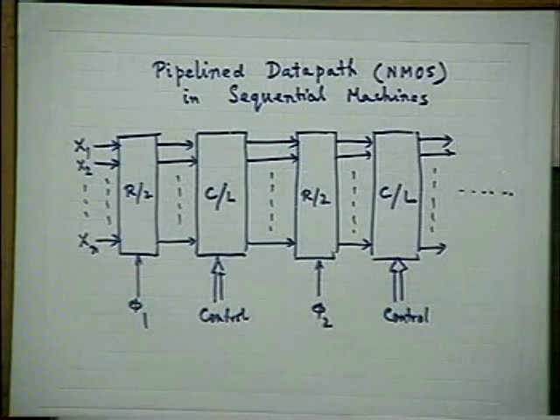This has got major application in sequential machines. So whatever shift register we discussed here, the register has a versatile applicability in digital applications, and today, particularly in the clock mode, we apply this in the data path as indicated in the diagram.